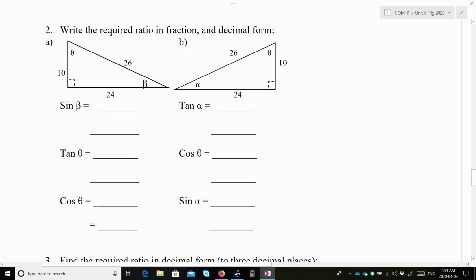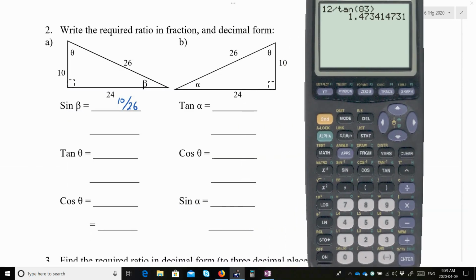Number 2, write the required ratio in fraction form and decimal form. Okay, sine beta is 10 over 26. Let's go 3 decimal places, I guess, 0.385.